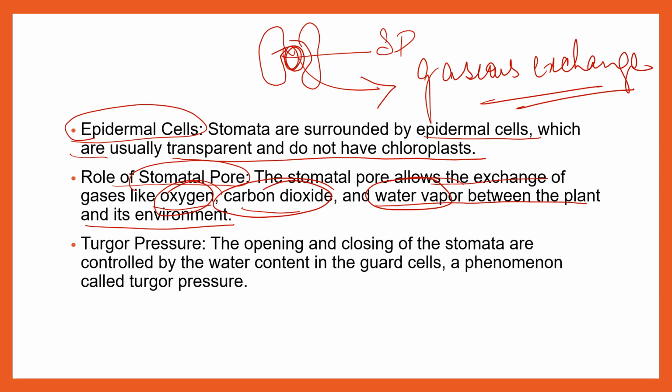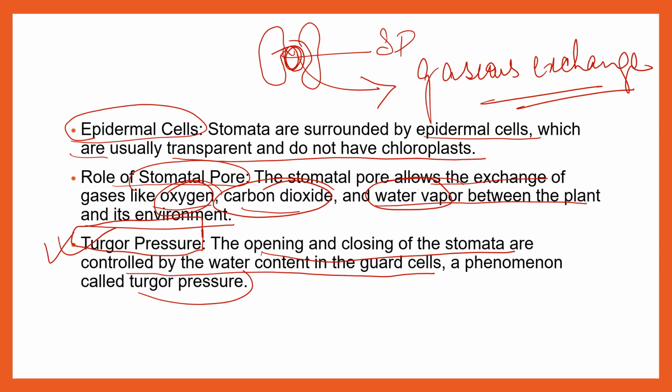Next comes this important part: what is turgor pressure? This is a new topic. The opening and the closing of the stomata, as I have told you just now, is controlled by the water content of the guard cells. That water content of the guard cells is maintained by the turgor pressure.